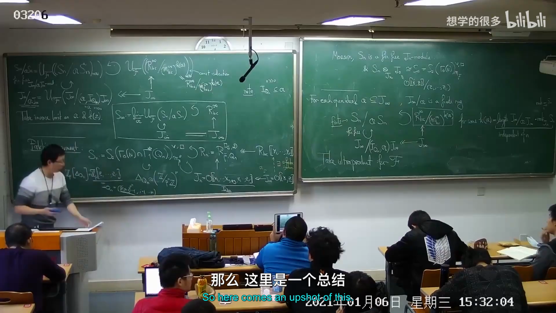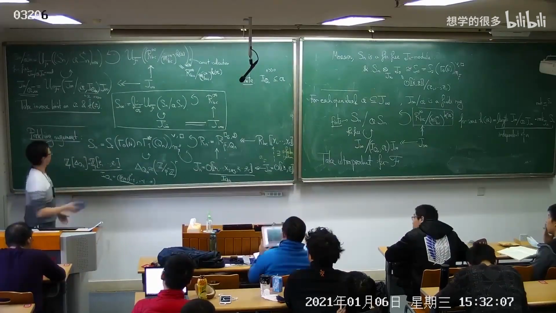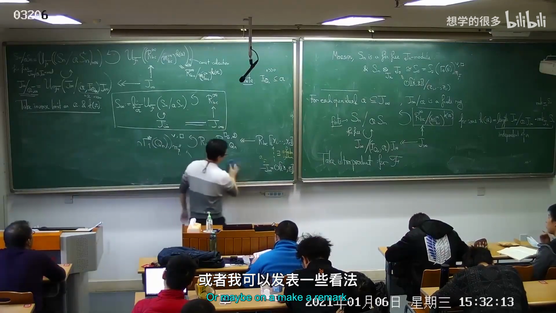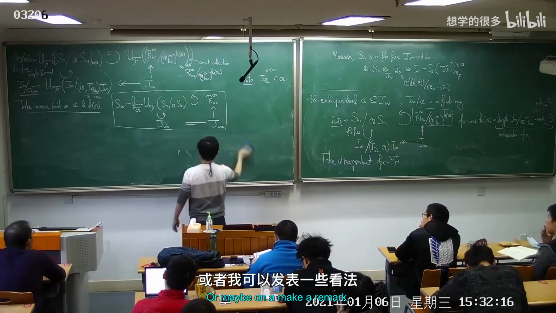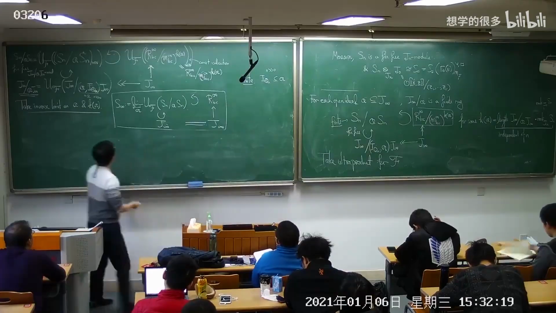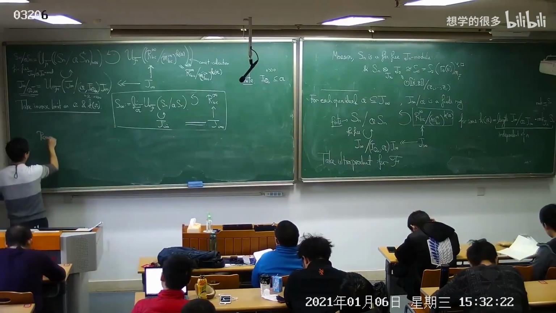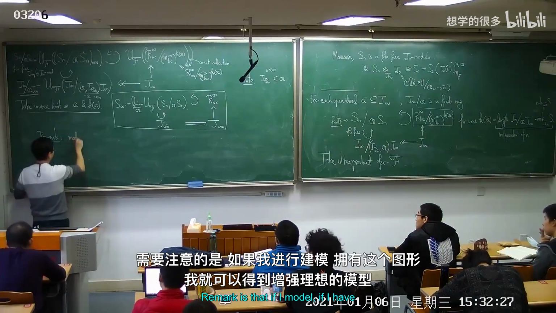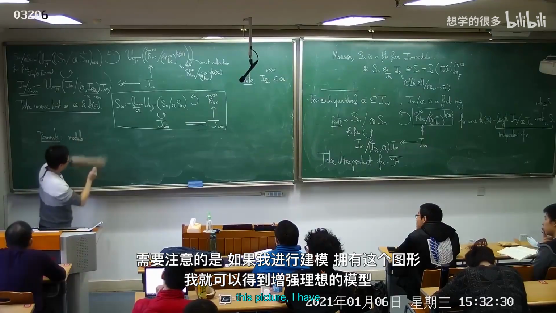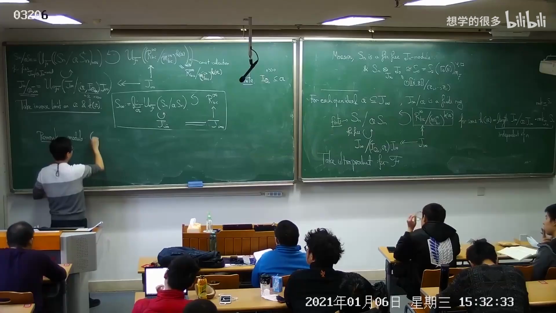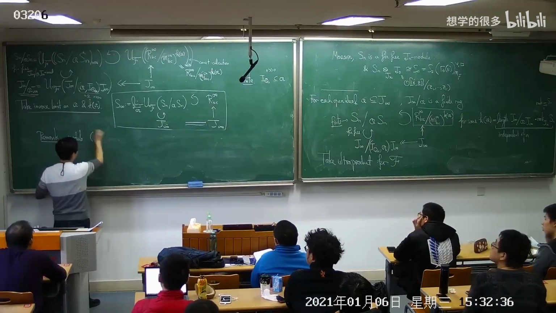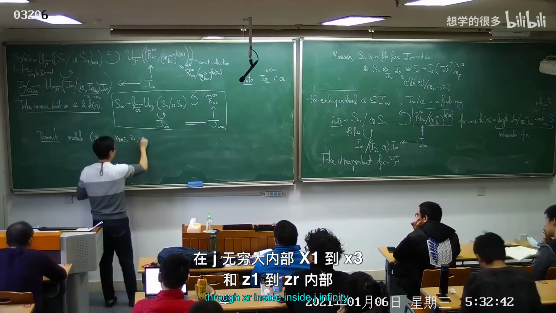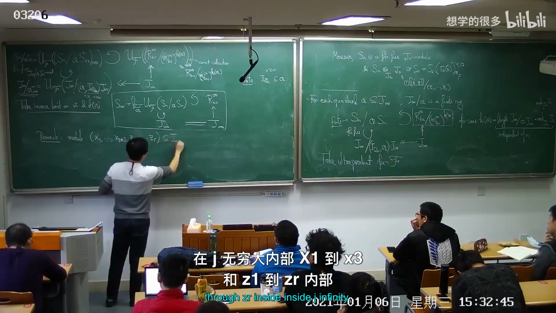So here comes the upshot of this. Now comes the commutative algebra argument we're going to make. Or maybe I want to make a remark. The remark is that if I have this picture, I modulo the augmentation ideal. So how about I modulo everything: X1 through X3S and Z1 through ZR inside J infinity.